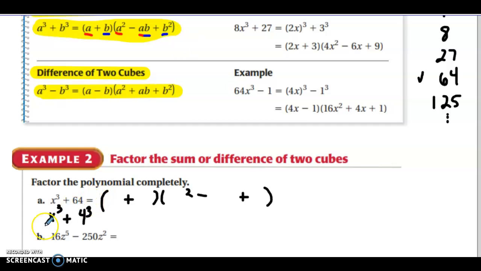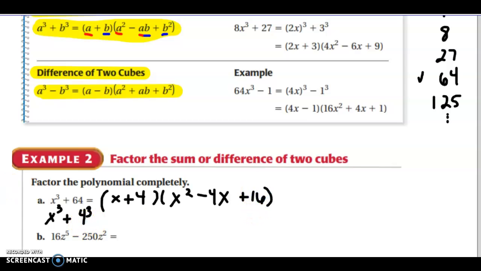So let's see what we got. So a plus b, we're going to have x plus 4. And then a squared, we're going to have x squared. A times b, that's x times 4 is 4x. And then b squared, 4 squared is 16.